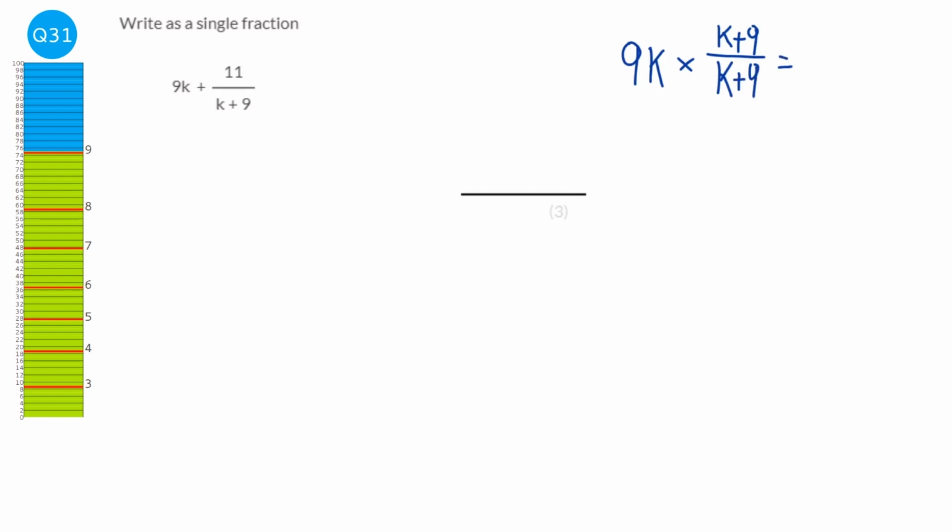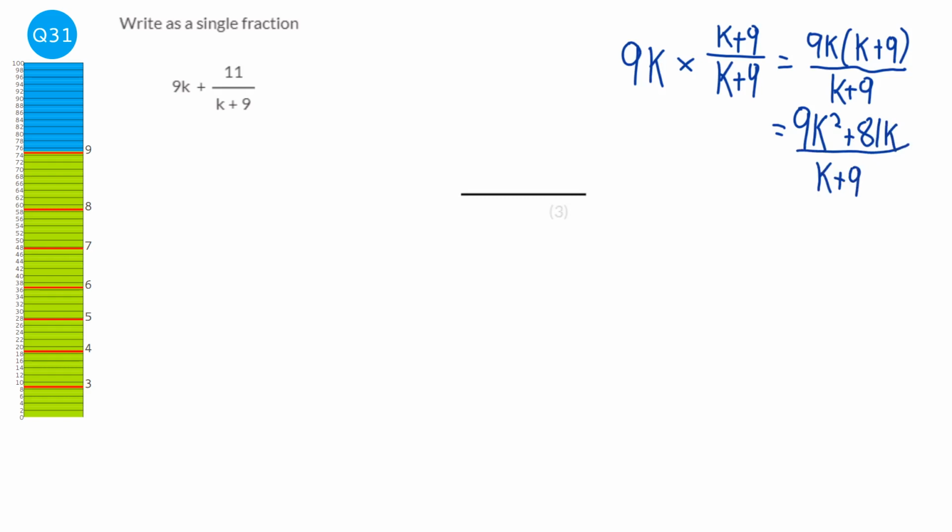So what we do when we times a 9k or a term by a fraction is we times the top, the numerator of the fraction. So it's going to be 9k brackets k plus 9, and all of that over k plus 9. Expanding the brackets, we get 9k squared plus 81k over k plus 9. And so what I'm going to do is just feed that back in here.